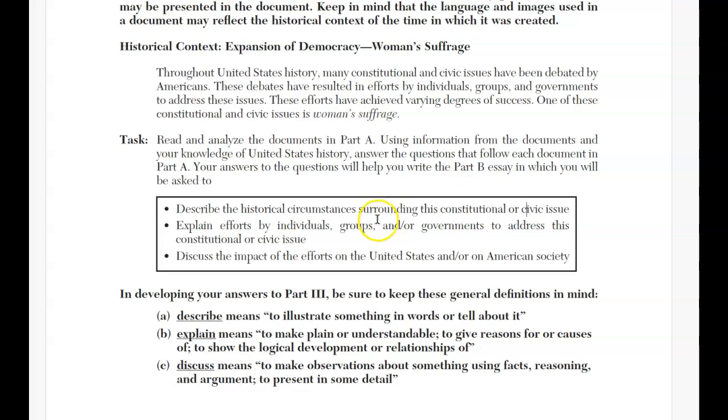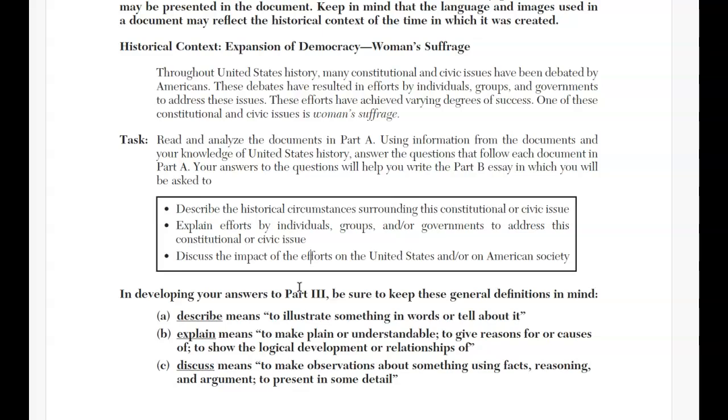So in addition to providing outside information that gives the context, you must also talk about at least two individuals or groups or governments, or a combination, an individual and a group, or a government agency and an individual. But it's got to be more than one. And finally, you have to discuss the impact on the United States. How did it change the United States, and how well did that work?